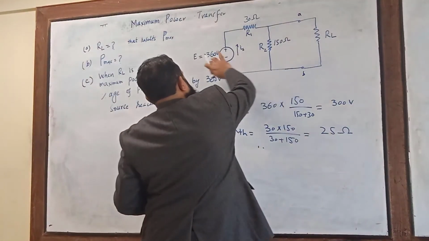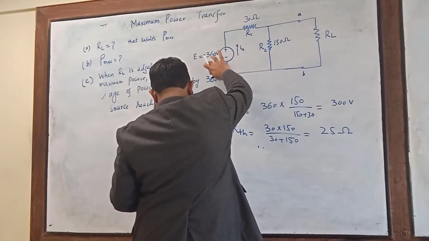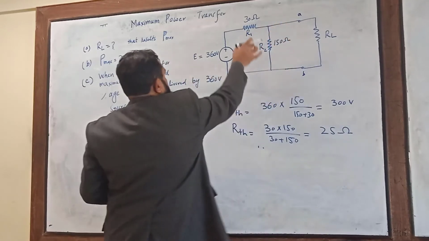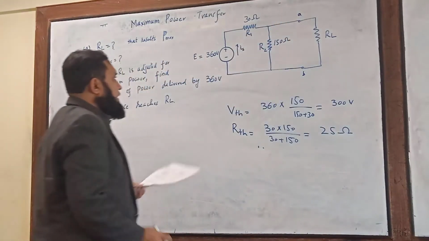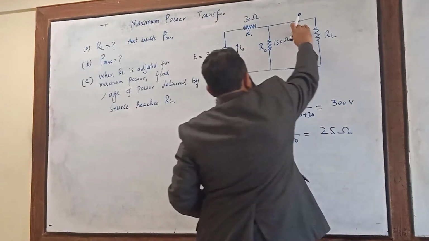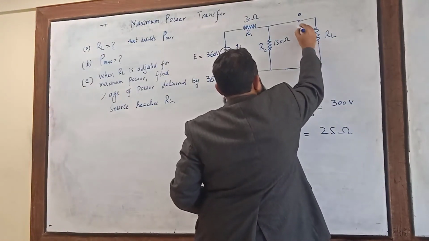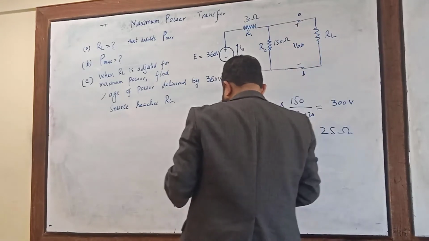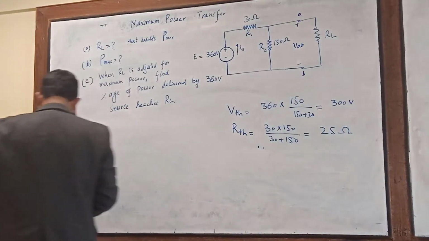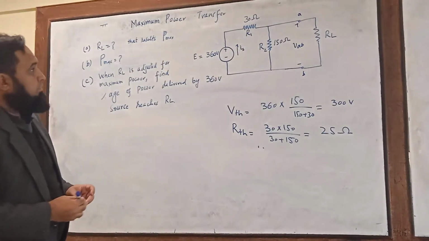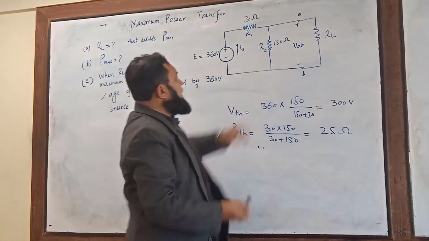So this voltage minus this voltage, divided by the resistance, gives the current. So we have to compute this voltage, VAB. How to compute VAB?